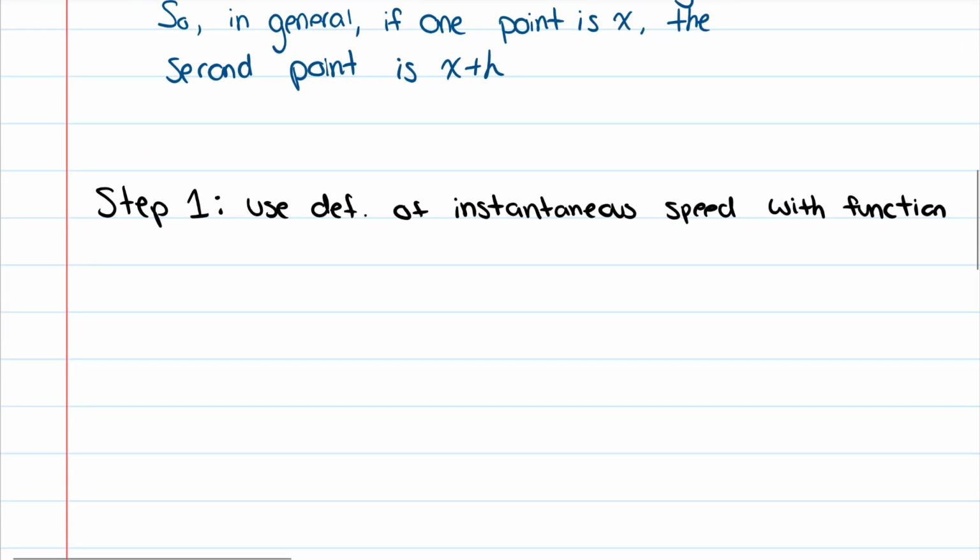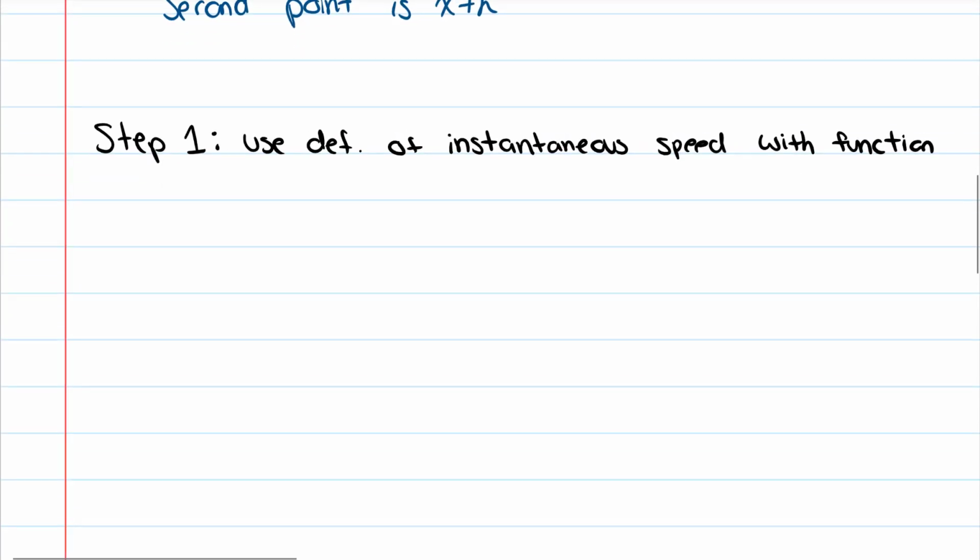So step 1 is we're going to use the definition of instantaneous speed with the function. We have that our function is y equals x squared. And the definition of instantaneous speed is the limit as h approaches 0 of f of x plus h minus f of x, all divided by h.